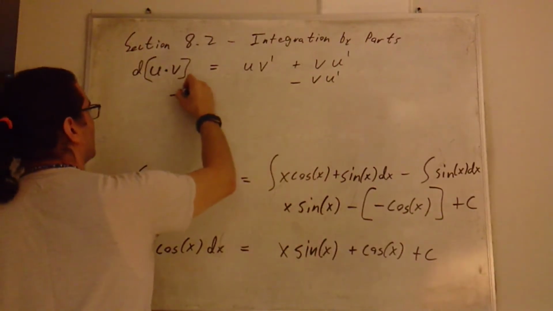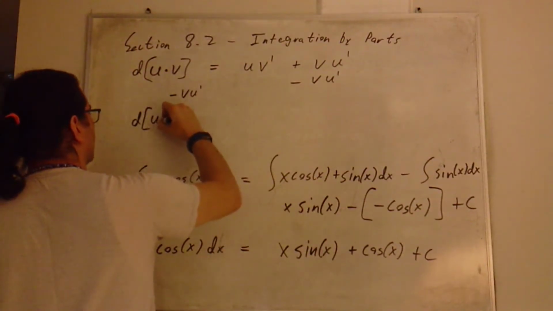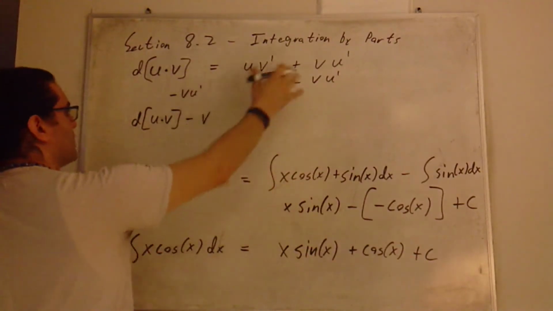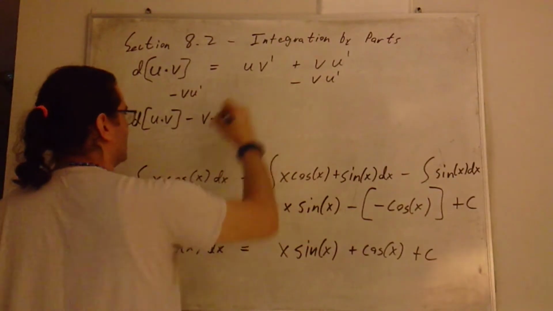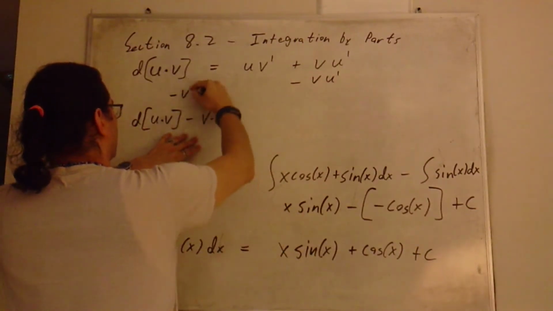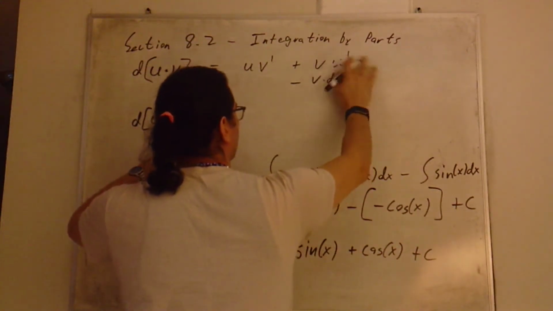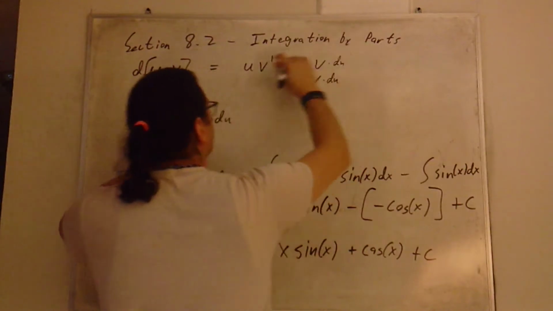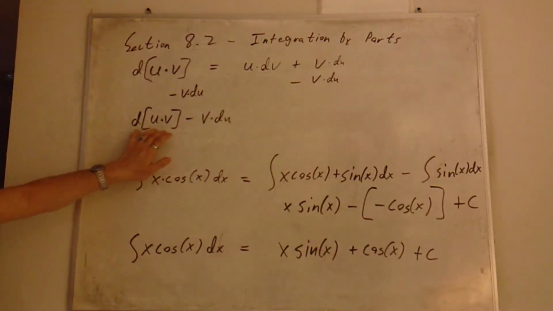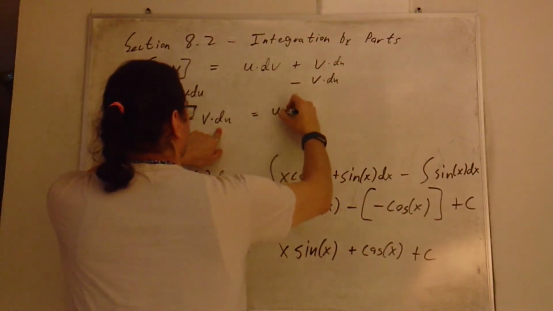And then I get the derivative of u times v minus, I'm going to switch from primes to d's here. So v times du, I just like d's better. V times du is what I just subtract. I can switch it here as well. V times du is how I want to write this. And this is going to be u times dv. Okay. So, the derivative of u times v minus v du should just be this piece, u dv.